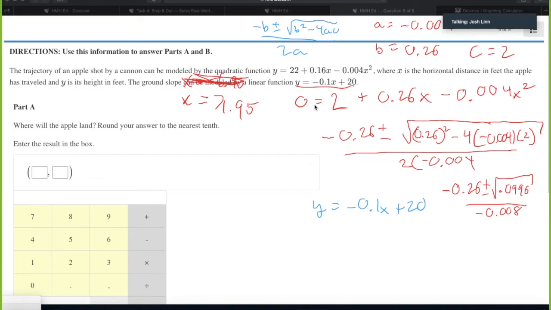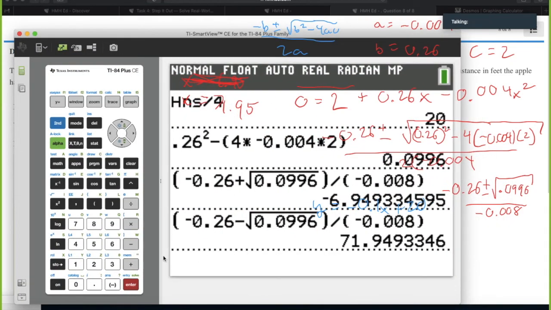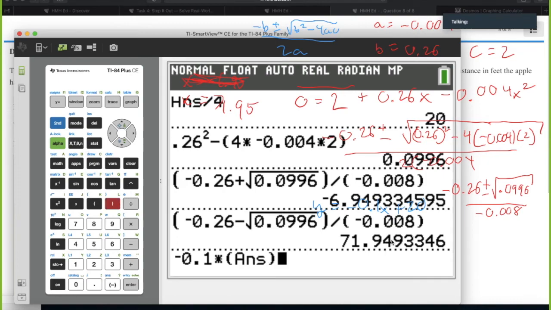So we're going to plug that x into that. And again, just going to use my calculator. I know it's hard to see. Negative 0.1 times, this time I'm just going to use my answer, so it'll be slightly more accurate. That's my answer right there.